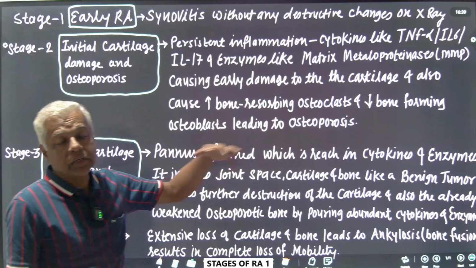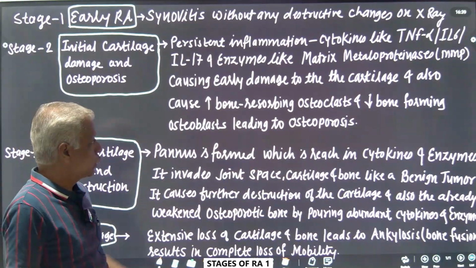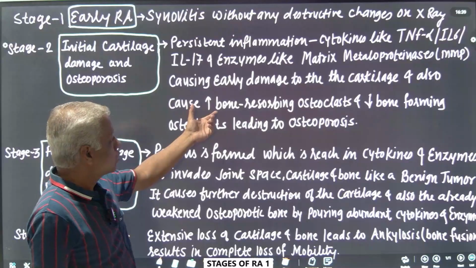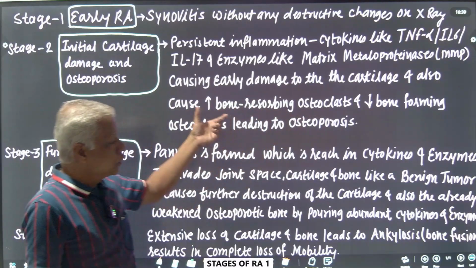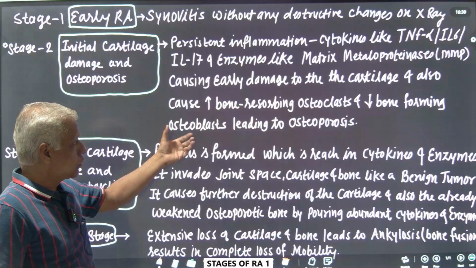In osteoporosis, we know there is a decreased density of the bone. Because there is an increase in bone resorbing osteoclasts and a decrease in bone forming osteoblasts, it leads to osteoporosis.